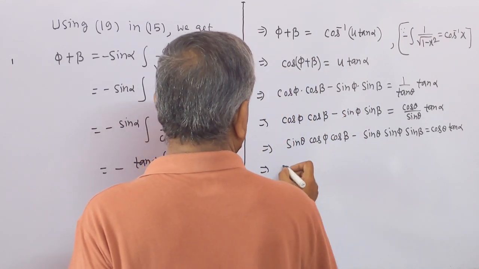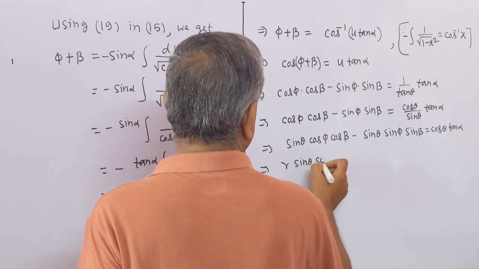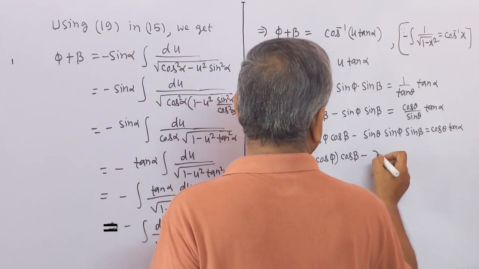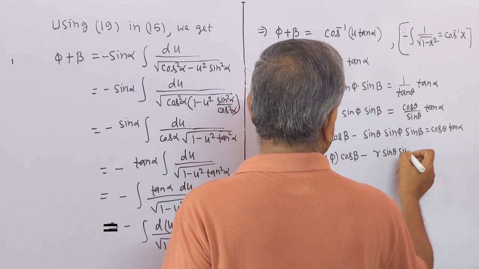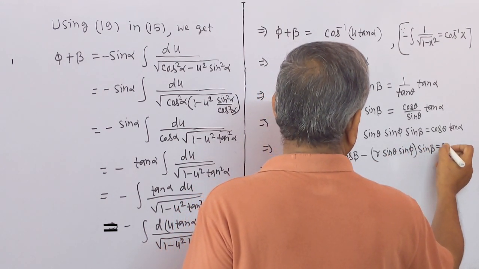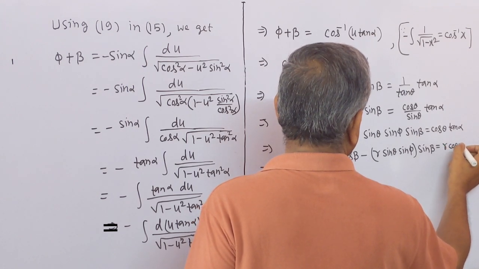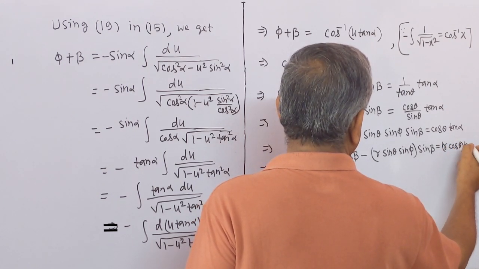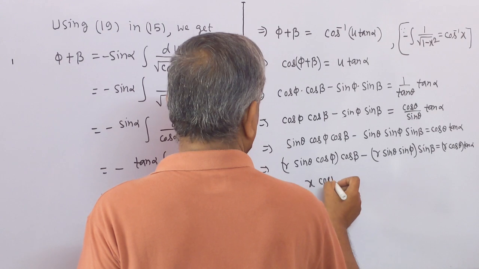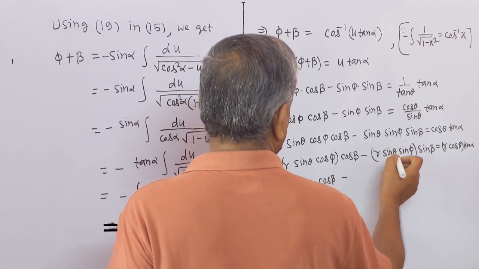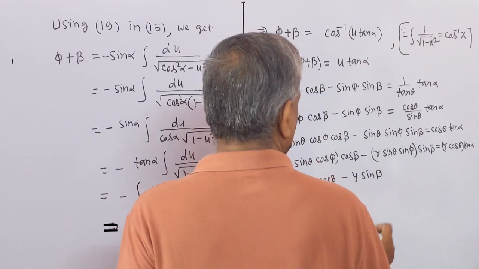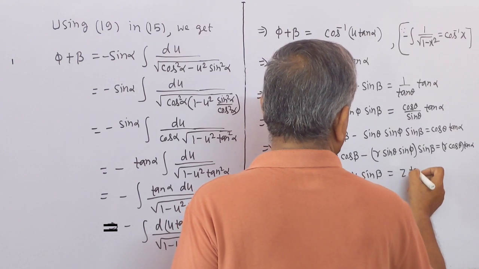We multiply both sides by r: r sin theta cos phi cos beta minus r sin theta sin phi sin beta equals r cos theta tan alpha, and this is x cos beta minus y sin beta equals z tan alpha.